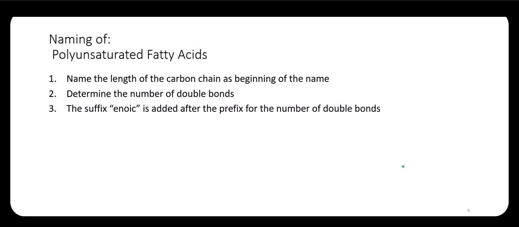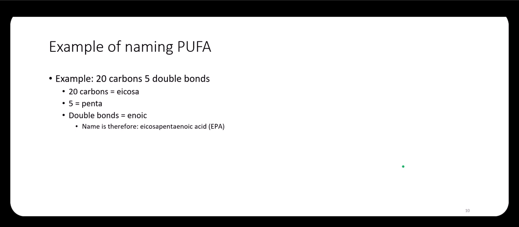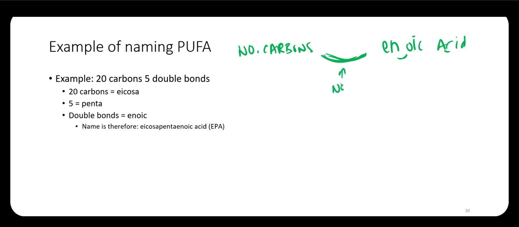When we have a polyunsaturated fatty acid, we're going to add another piece to the word. The first part of the word is the usual number of carbons. Then we're going to have our enoic acid, and of course, these two are one word. But we're going to add another piece in here, which is going to be the same prefixes with the number of double bonds.